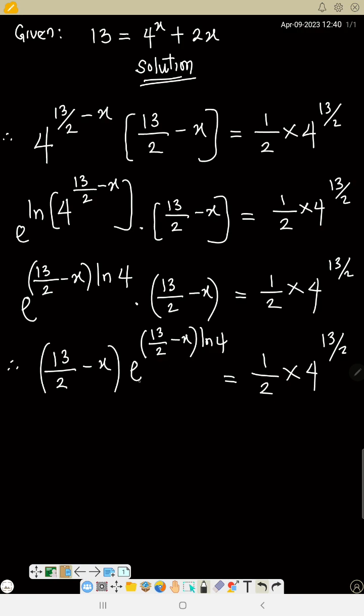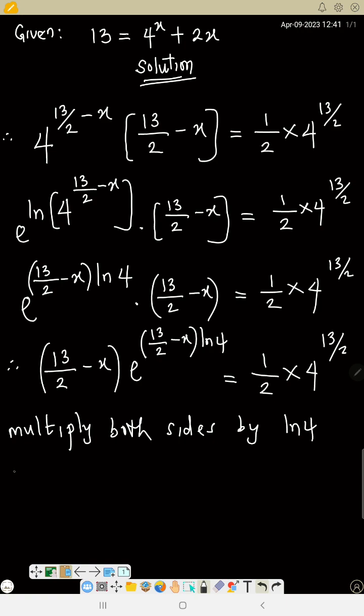Now look at the power on e here. I have to get another ln 4 here. Remember, my aim from the beginning is to achieve x e raised to power x. So if I achieve that, I'll get my answer. Now multiply both sides by ln 4.